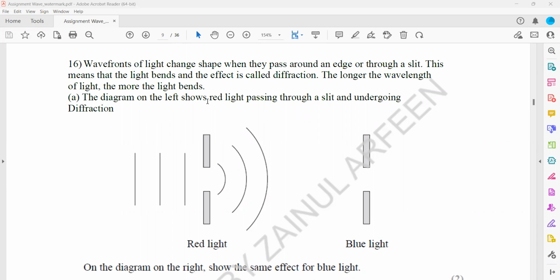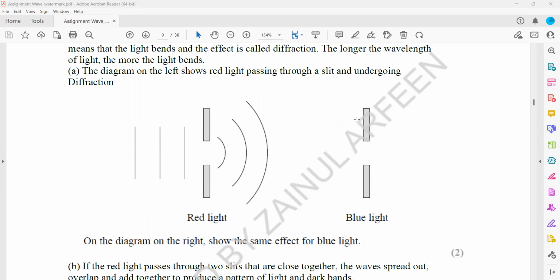The diagram on the left shows red light passing through a slit and undergoing diffraction. The diagram on the right shows the same effect for blue light. When we compare the wavelengths, we have violet, indigo, blue, green, yellow, orange, and red.